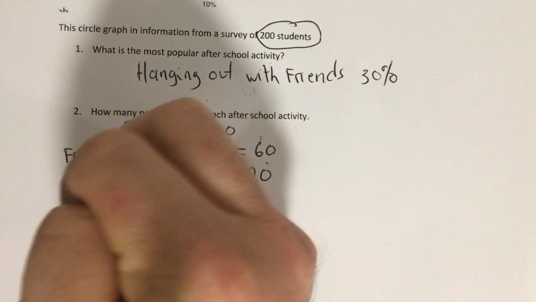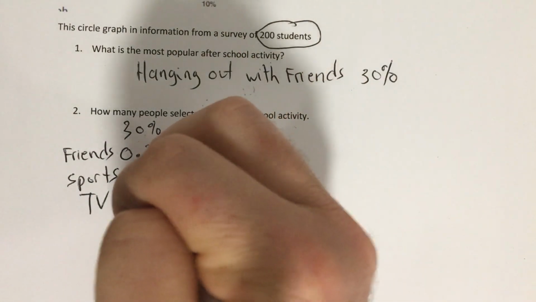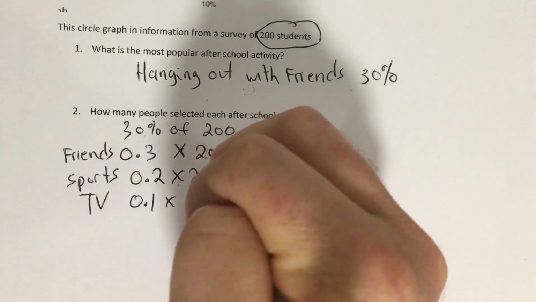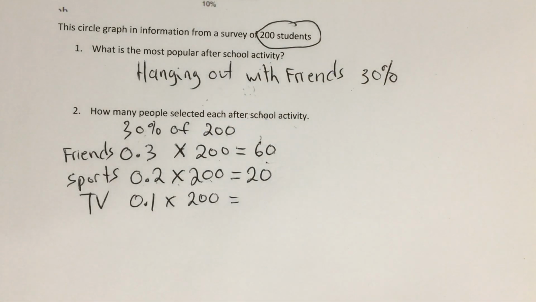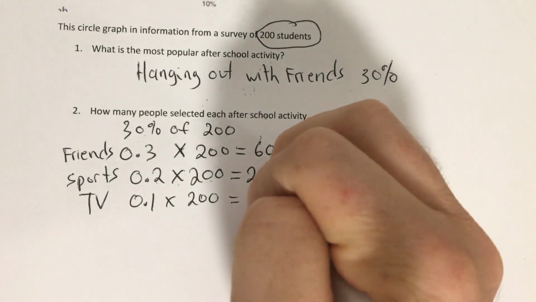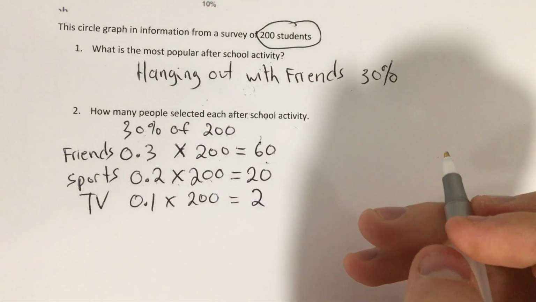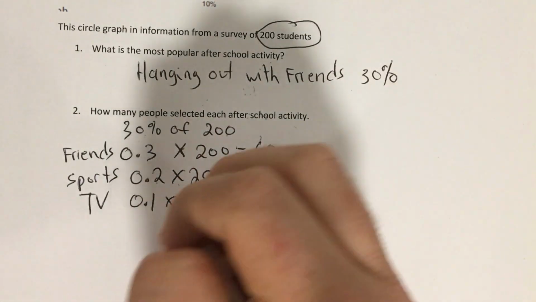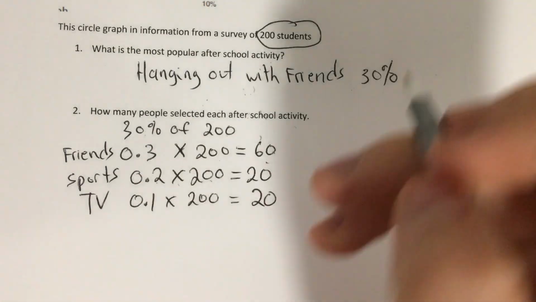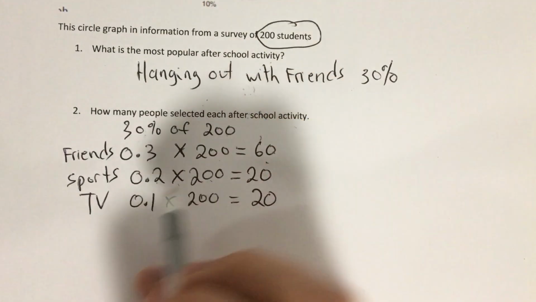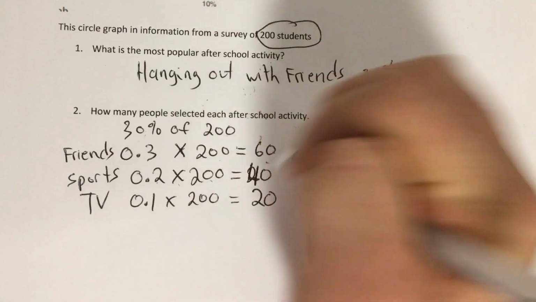TV was 10%. 10% as a decimal, 0.1 times 200, and that'll be 20 people.